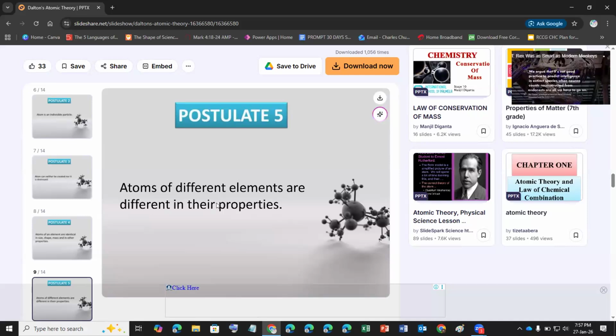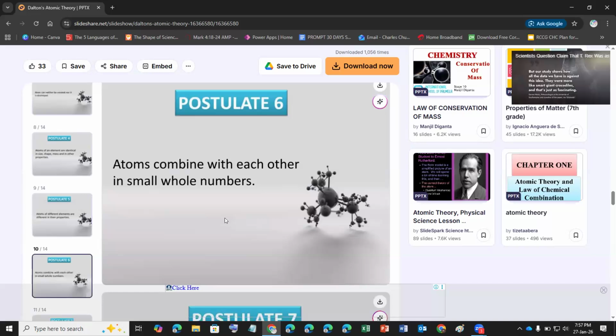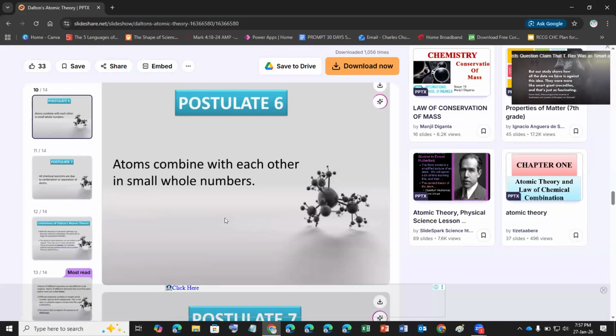Okay, so you understand where this would play out. Atoms of iron will definitely be different from atoms of chlorine, whether in physical or chemical properties. They behave differently. How about this one? No, could you explain it?